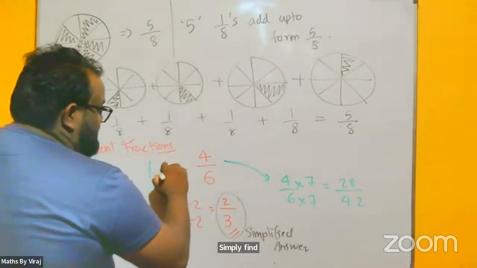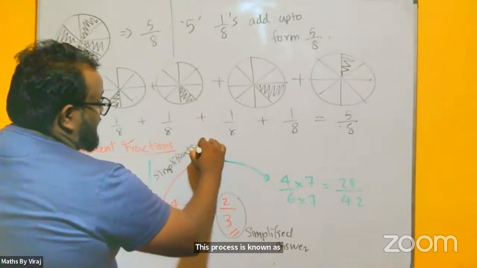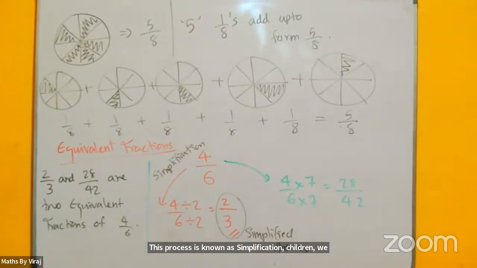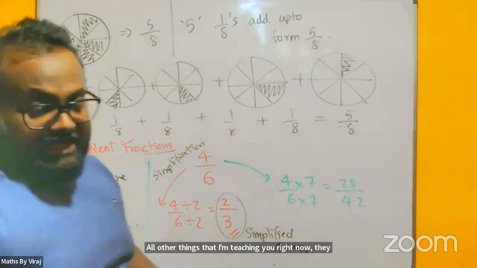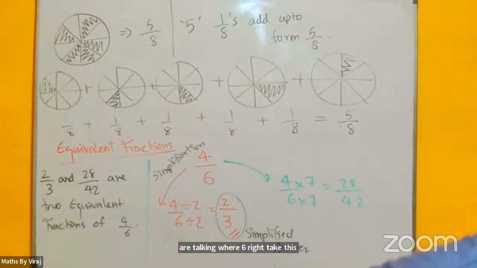This process is known as simplification. Children, we have done this in grade 6. All of the things that I am teaching you right now are taught in grade 6. Right? Take this down. Are there any difficulties so far? Tell me. No, right? Okay. Take this down.